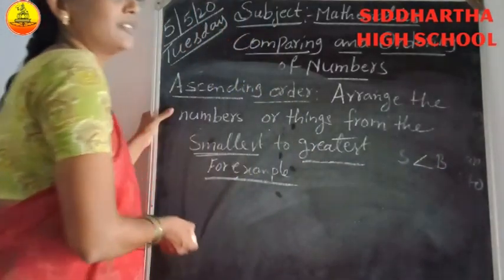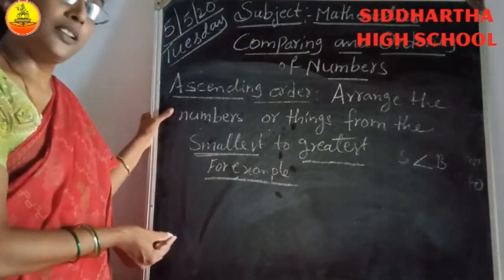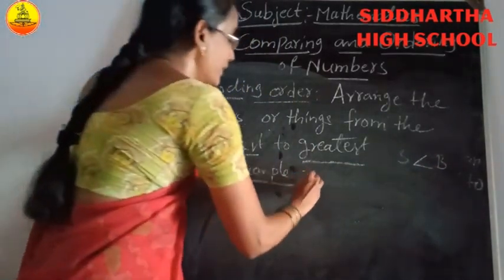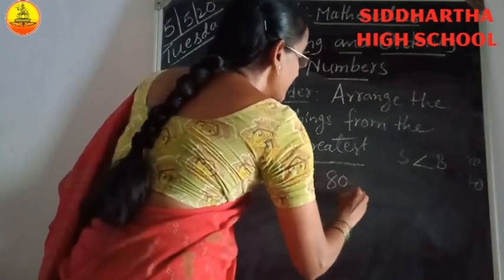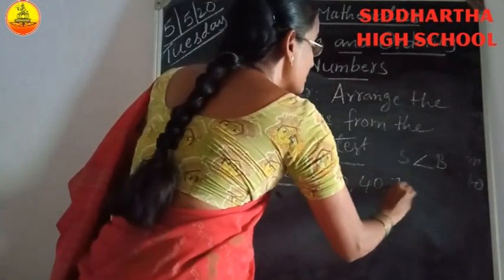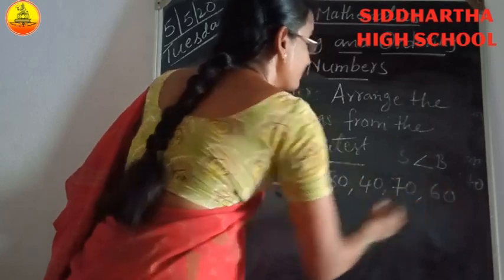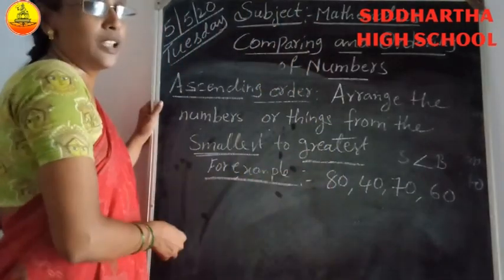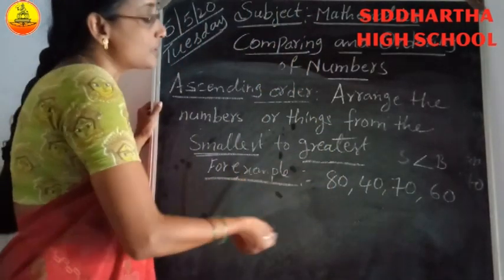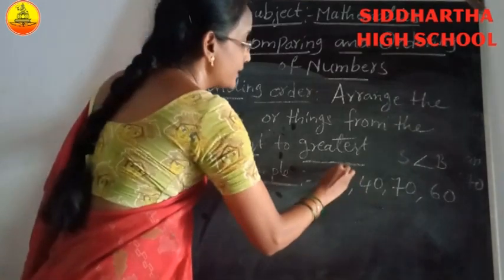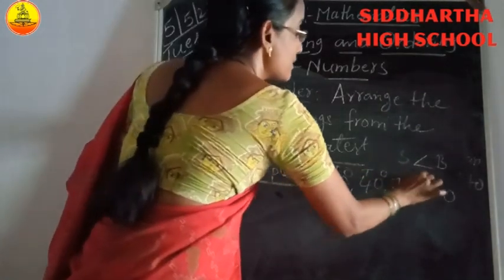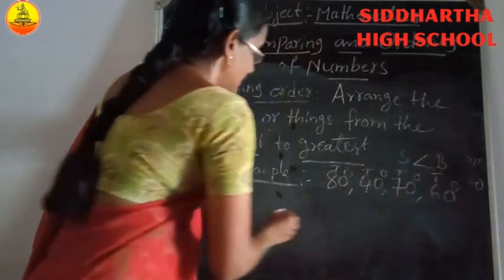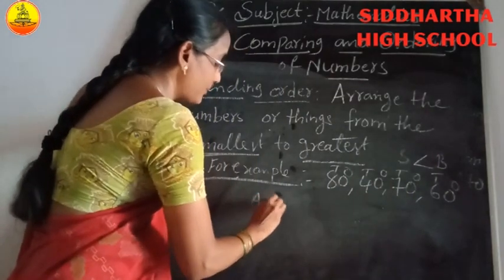Less than symbol. Now for example here, 80, 40, 70, 60. Here 4 numbers are there. Already you know which is the small, which is the big. Ones, tens. Ascending order, small to big.